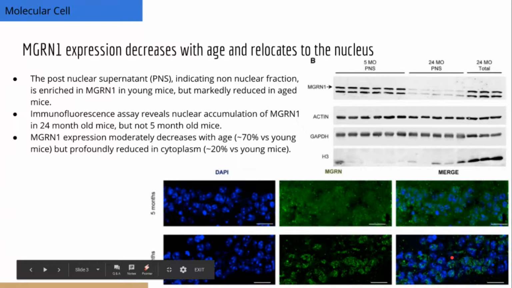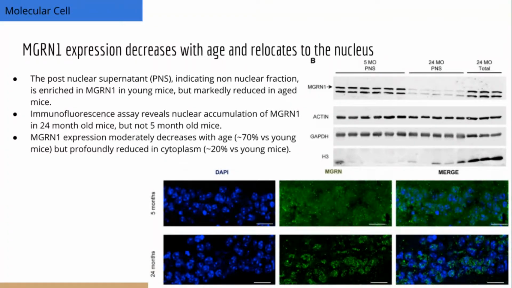So these experiments suggest that total expression of MGRN1 in old mice is roughly 70% that of young mice, but more interestingly, the cytoplasm of aged neurons contains only roughly 20% of the MGRN1 found in young neurons. So we see a massive change in the location of MGRN1 as these mice are aging.